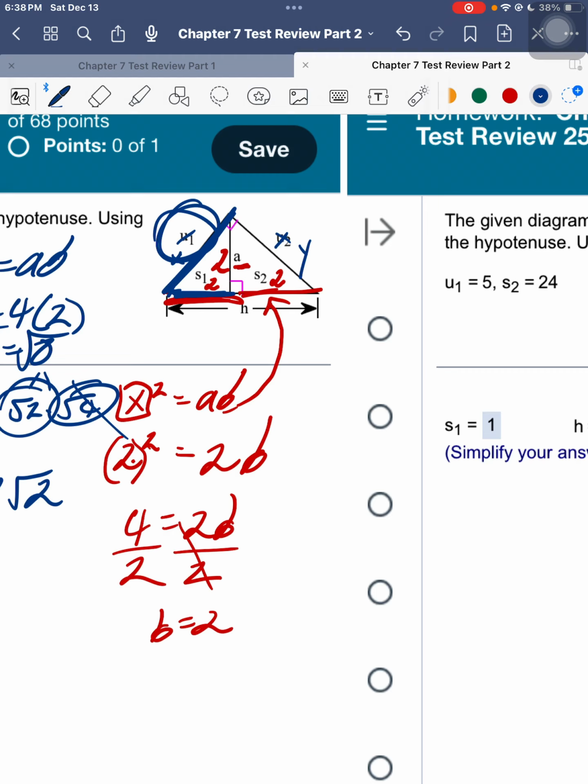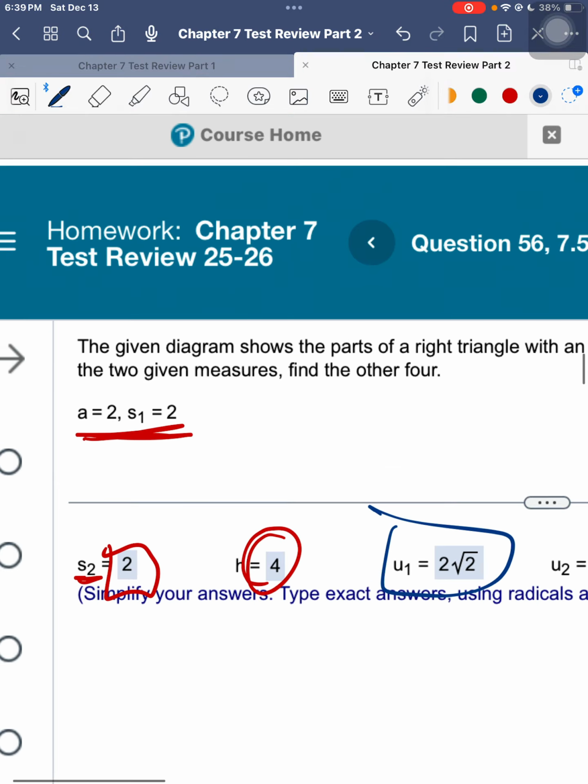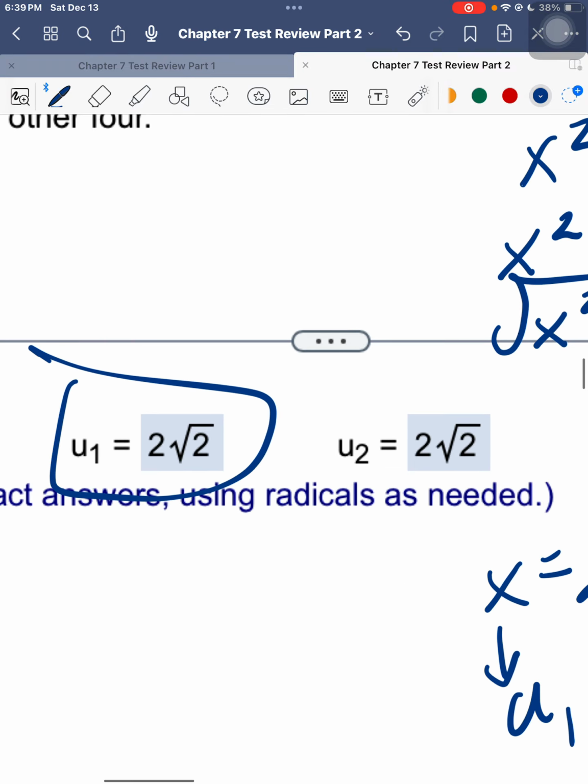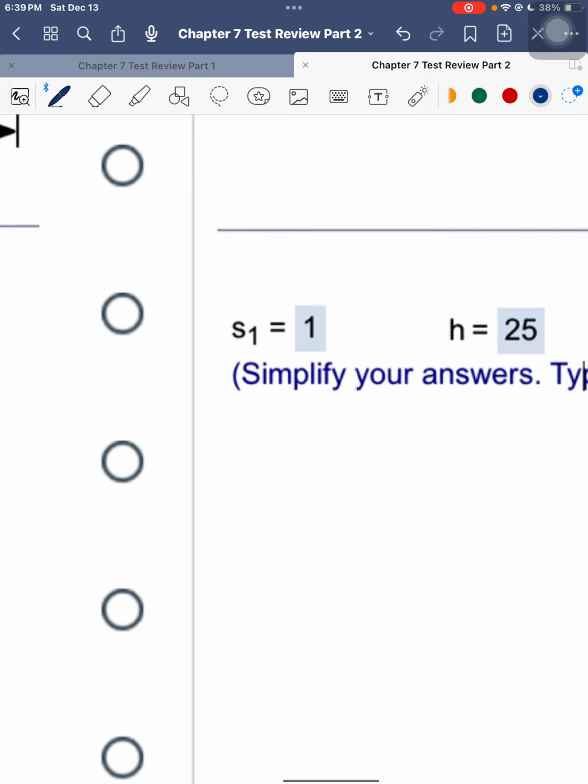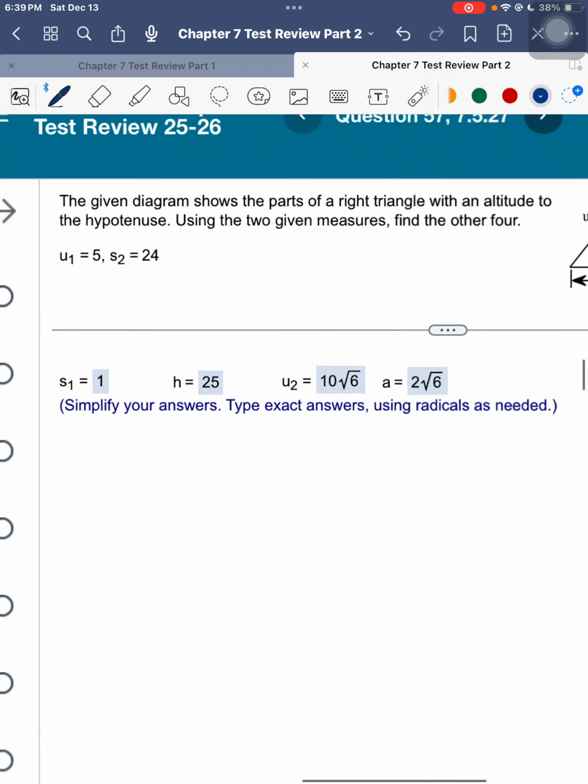The segment of the hypotenuse adjacent to it, which is what? 2. So what do you notice about this Y and the previous X that we just did? It's the same exact thing. Has the same A and the same B. So my answer is the same. 2 square root of 2. Alright, so now let's do this one. That's a little bit harder, right?